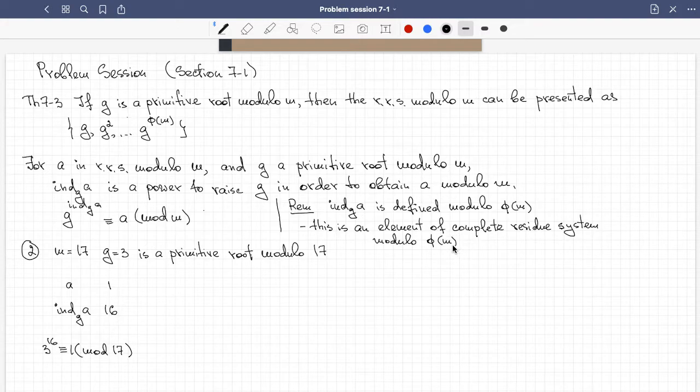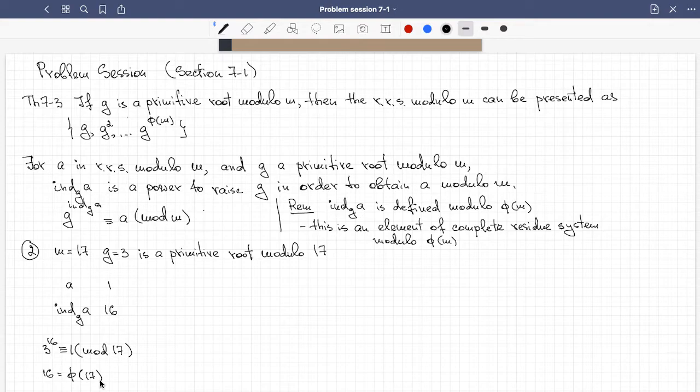What we speak about here is any representative of a residue class modulo phi of m. So 3 to the 16 is 1 modulo 17, but 3 to the 32 is also 1 modulo 17. So 16, by the way, is phi of 17.